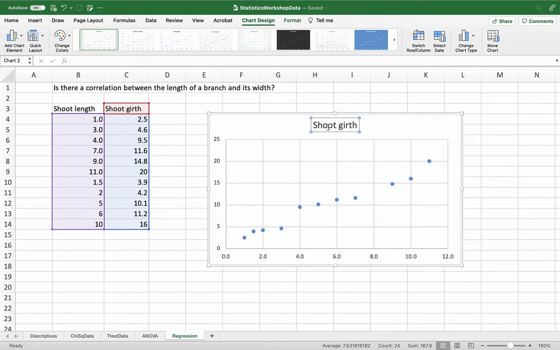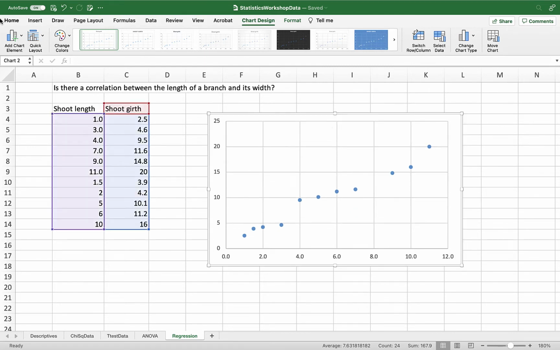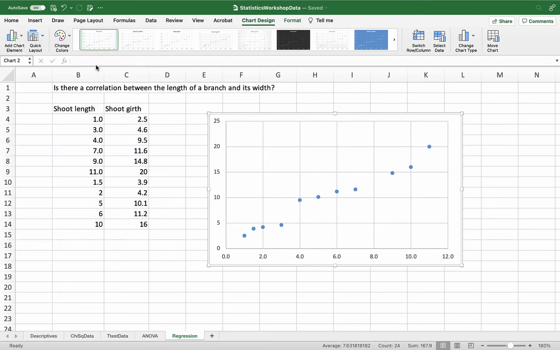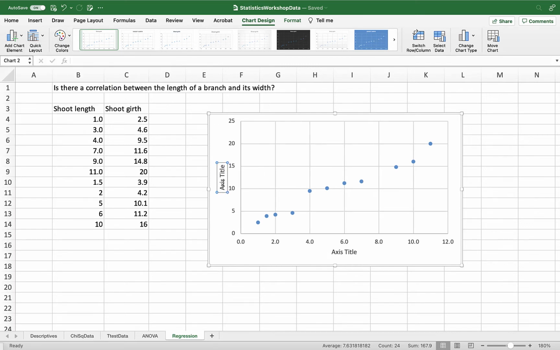All right, so when I graph it here, now I have my graph. I'm going to fix it up and make it look like it should. So get rid of the title, and then I'm going to add in my axis titles, both my horizontal and my vertical. So on the y-axis, what I'm trying to do is predict the girth based on the length. Right?